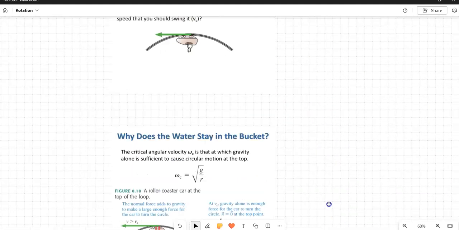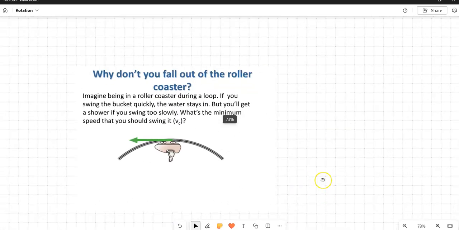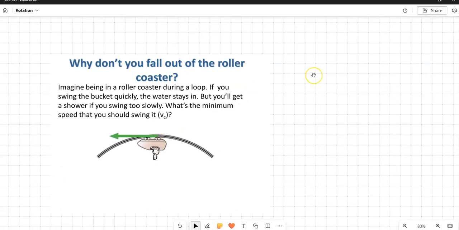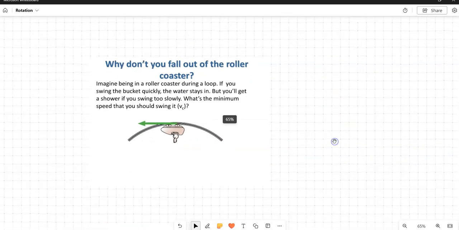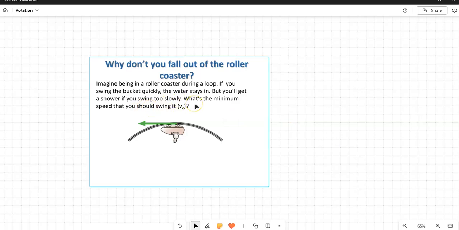So in this last question, they're saying this. Suppose you're in a roller coaster with a bucket of water, which I don't know who makes up these questions.